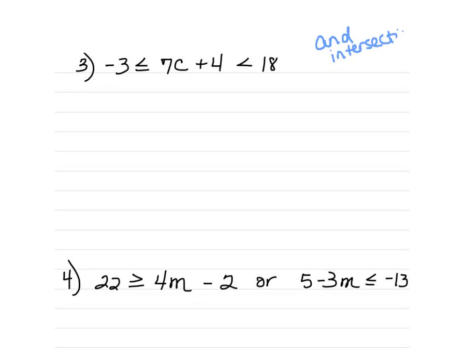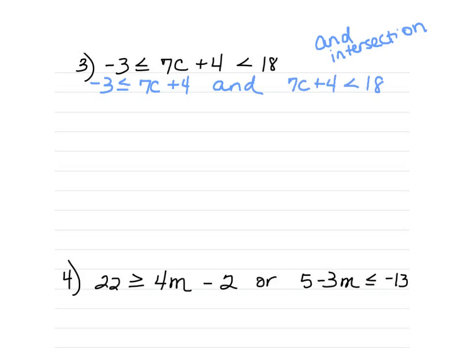When they are written together like that, in order to solve them, we will separate them. So let's write it separately. Negative 3 is less than or equal to 7c plus 4, and 7c plus 4 is less than 18.